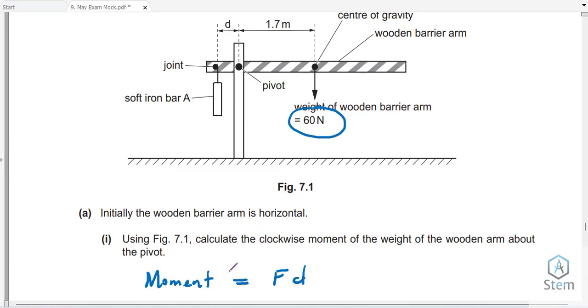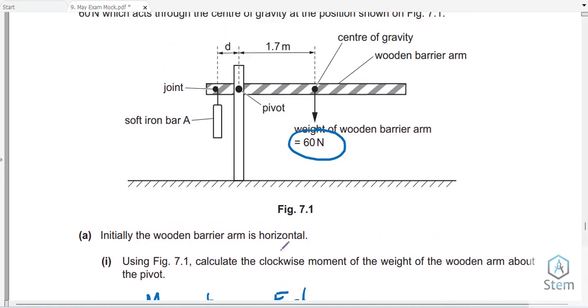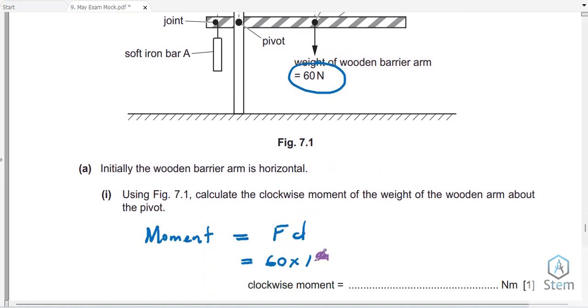It has to be a perpendicular distance, and from our diagram, everything is set up well. That gives us 60 multiplied by 1.7. Our answer is 102 Newton meters.